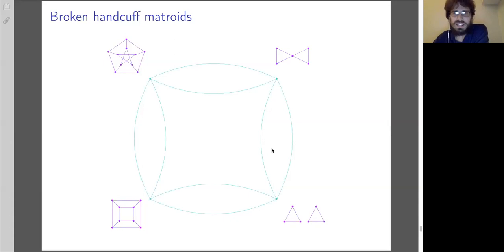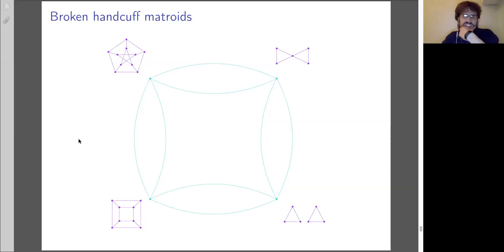Then you take the frame matroid for this graph in the middle with all the loops, and you take the lifted graphic matroids for the graphs around the outside, and you just take the two sums over the corresponding pairs of loops, and that will give you some matroid on this ground set.